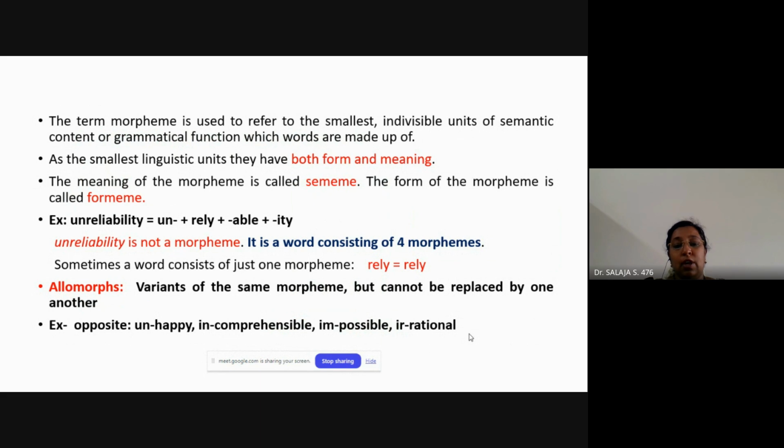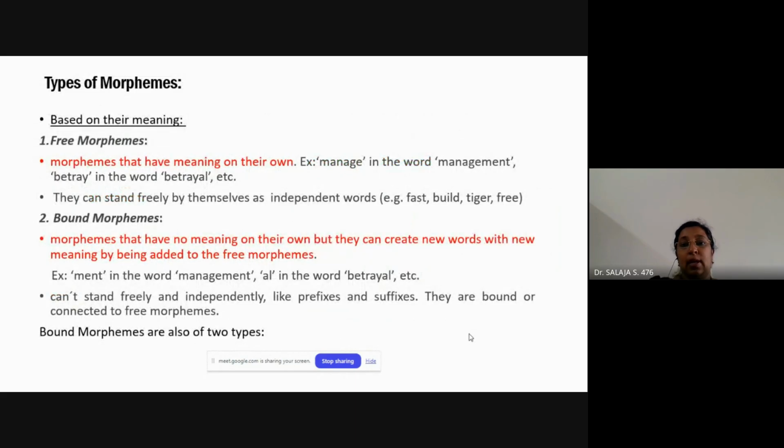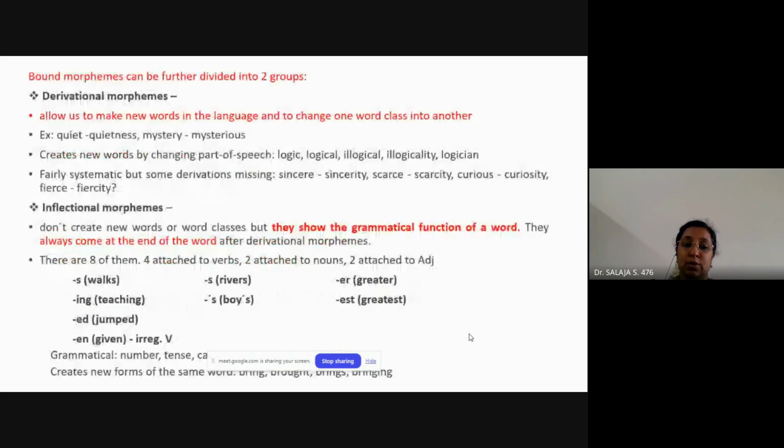There are morphemes which give you the same meaning but cannot be replaced with one another, which you call allomorphs. And then you have free morphemes which have their meaning by themselves. They stand alone, whereas bound morphemes have to join with the free morphemes to give meaning.